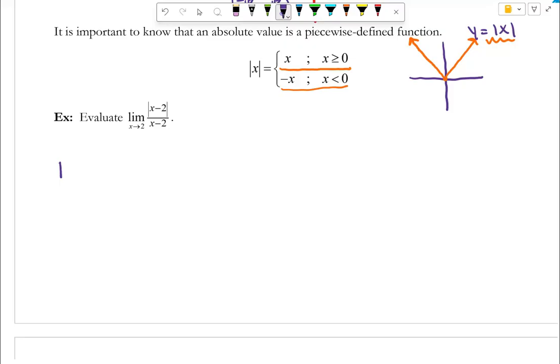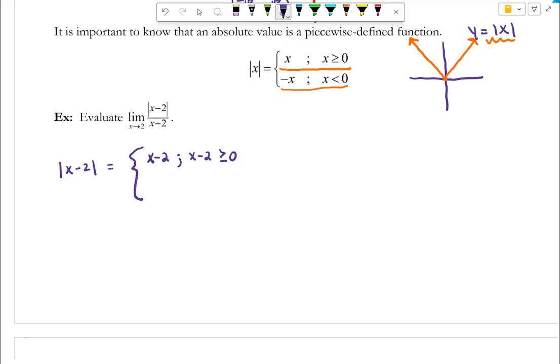So if I were to write, let's say, the absolute value of x minus 2, if I'm trying to define this as a piecewise function, well, this is going to be the function x minus 2 anytime x minus 2 is greater than or equal to 0. So basically, if the expression x minus 2 is positive, then I'm just going to use x minus 2.